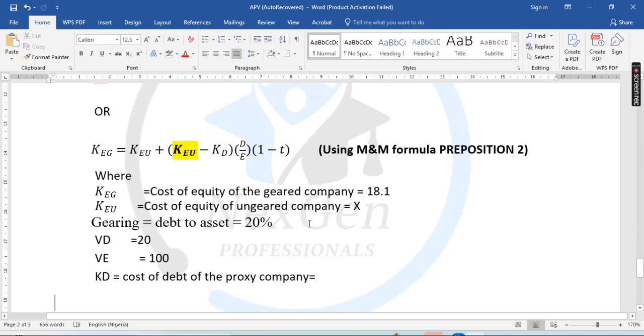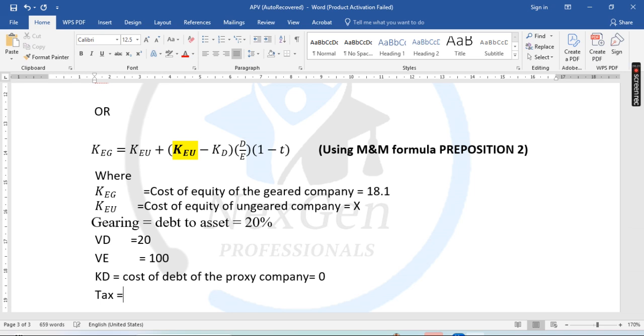Let's finish this one. So the cost of debt of the proxy company is not given. That is 0. For the tax rate, you use the tax rate given to you in the question, right? The tax rate of 30%. At times, the tax rate of the proxy company may be given.